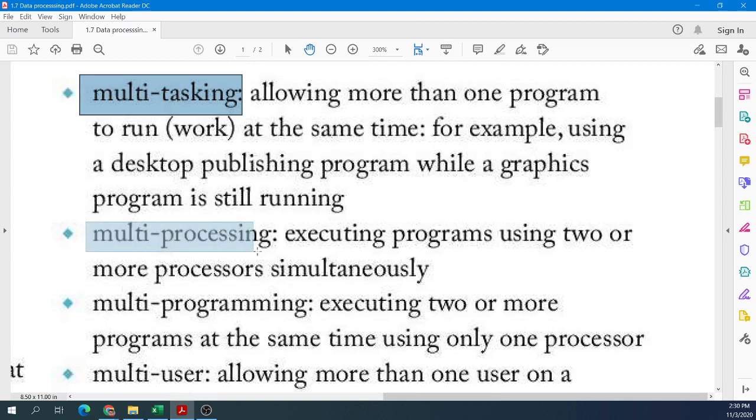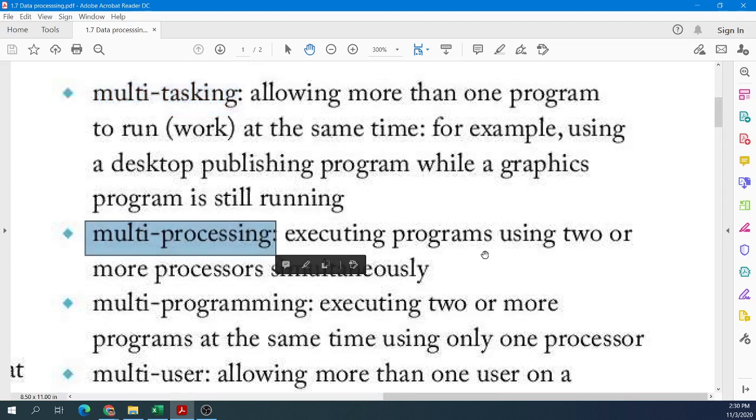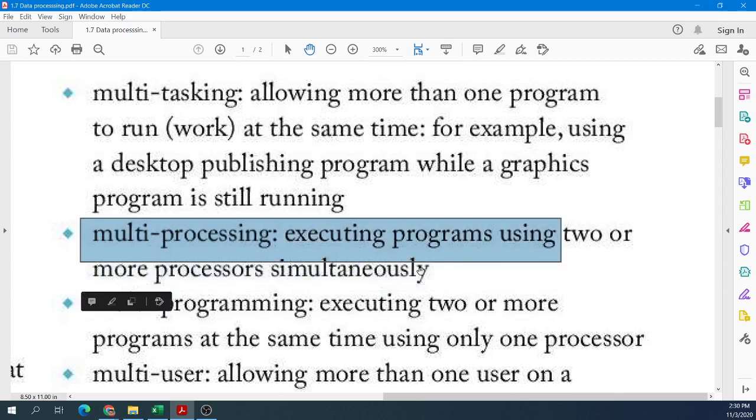But with multiprocessing, programs can be executed with two or more processors at the same time. So instead of one processor running the program, you can have two or more, which speeds up the process.